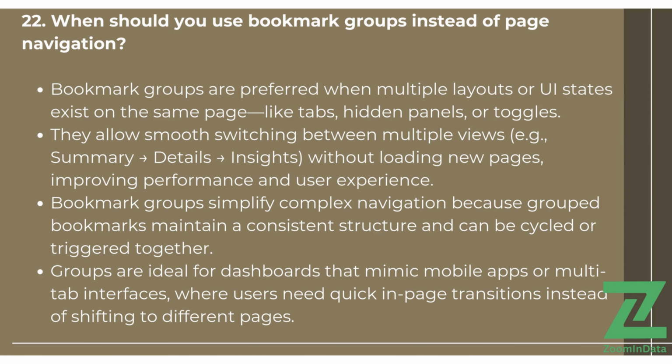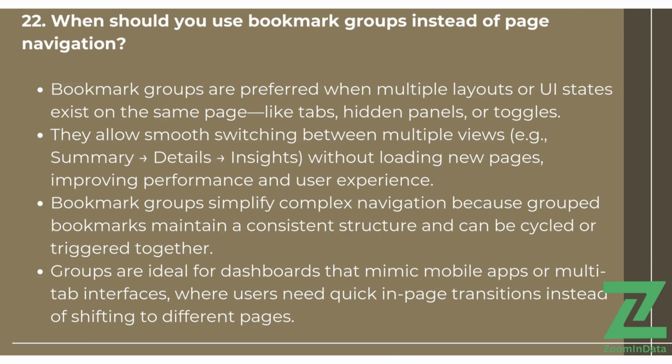22nd question. When should you use bookmark groups instead of page navigation? Bookmark groups are preferred when multiple layouts or UI states exist on the same page, like tabs, hidden panels, or toggles. They allow smooth switching between multiple views, for example, summary, details, insights, without loading new pages, improving performance and user experience.